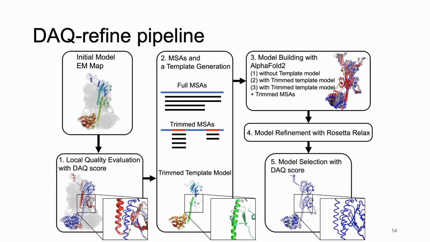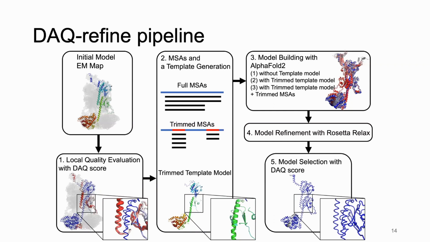The good region we keep, but the bad region we remove. Then we use customized AlphaFold, because AlphaFold can be used with a customized template and also a customized MSA, multiple sequence alignment. Then we can build different structures.